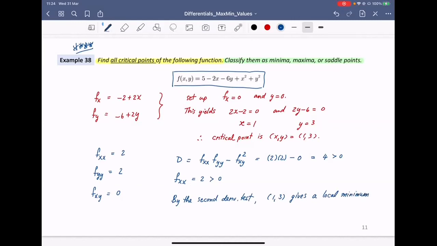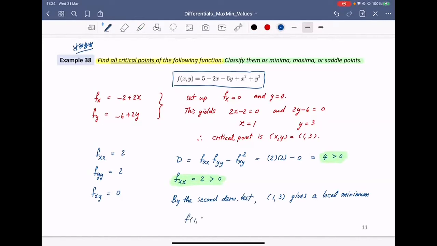You know this is a minimum because by the second derivative test, you get D greater than 0 and fxx greater than 0.